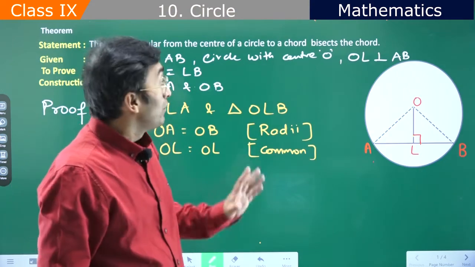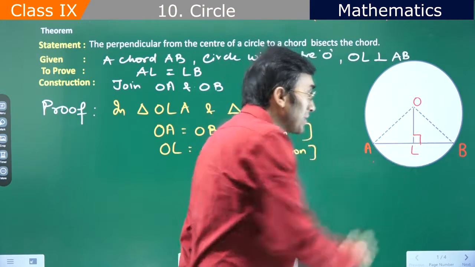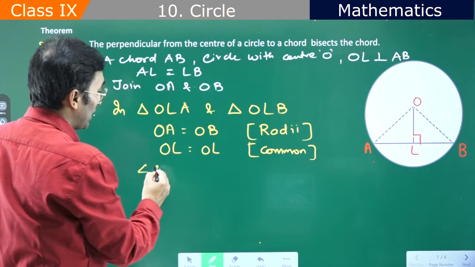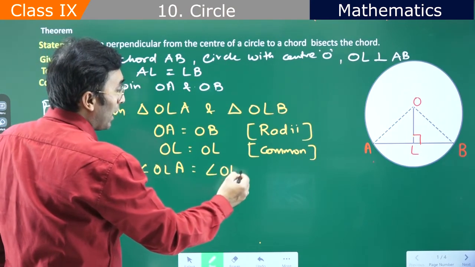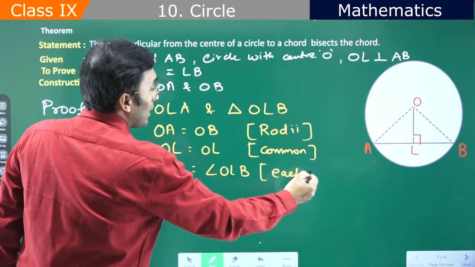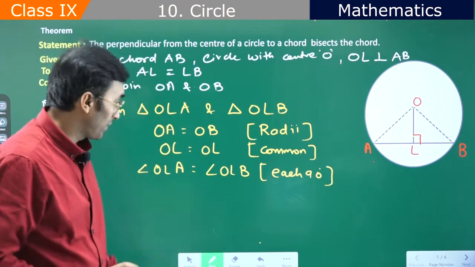After that, we're talking about the perpendicular, which means this is 90 degrees. So we can say that angle OLA equals angle OLB, each 90 degrees.